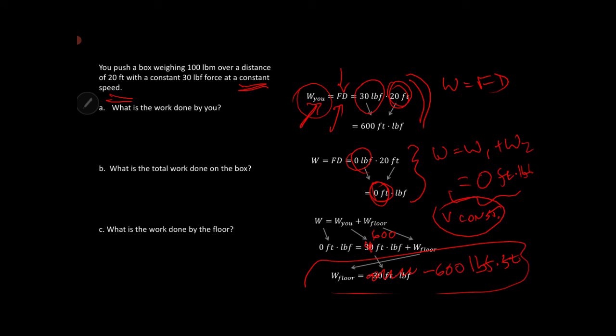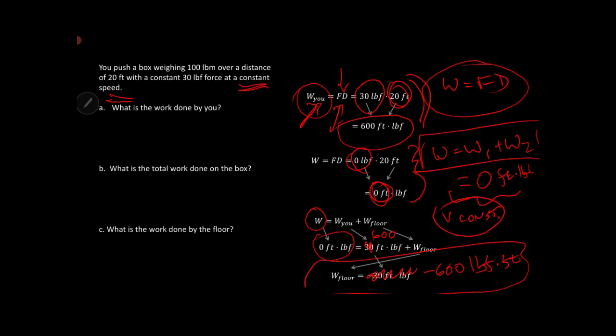And then we used this sum, so that we didn't have to do this multiplication again. We just said, okay, well, we know that there's no net force on the box. We know that you are providing 600 foot-pounds, and therefore the floor has to cancel that out, so it provided minus 600 foot-pounds. And that's what we got for this particular problem.